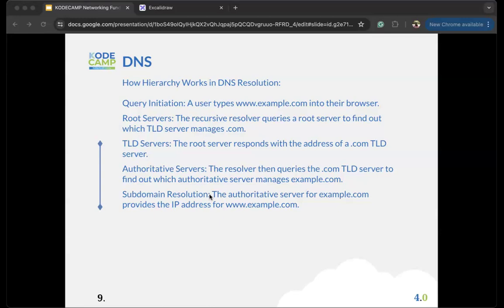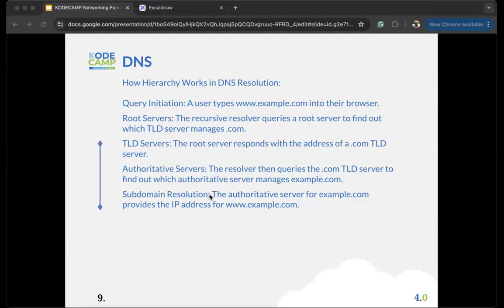After that, it then responds if there is a second level, maybe if you have something like UK as your TLD, and you have co, and you have something like bbc.co.uk. You have the UK as your top level domain, co as your second level domain, then you have the authoritative server, which is the domain that you registered.